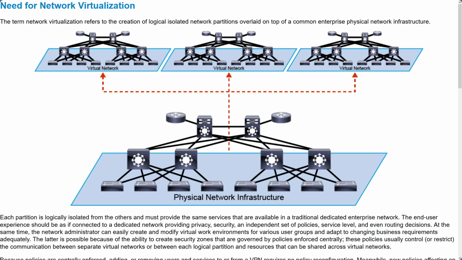And oftentimes we may decide that nothing is going to flow between these virtual environments, or we may want to leak out specific information or leak out specific connectivity based on these logical partitions and how we communicate across these networks. Now, because these policies are going to be centrally enforced, adding services, adding VPN, or turning up, I should say, additional services wouldn't necessarily require a whole reconfiguration of the environment.